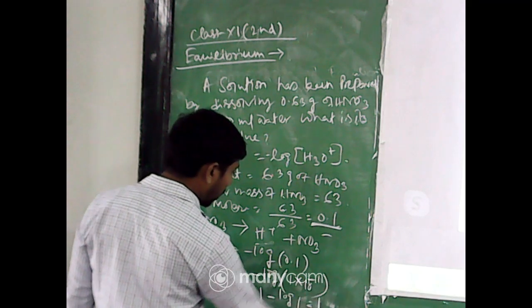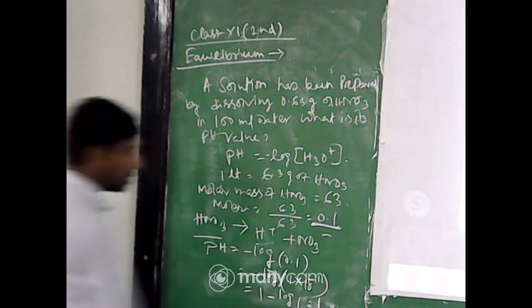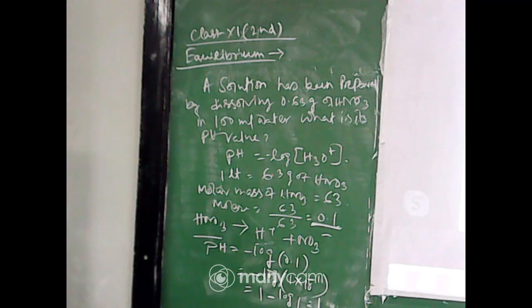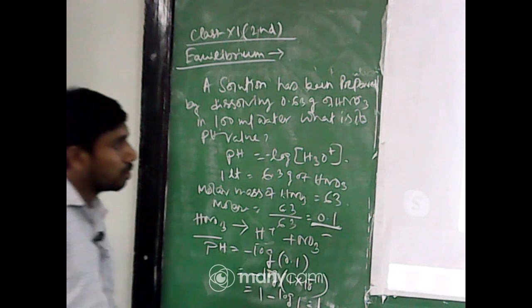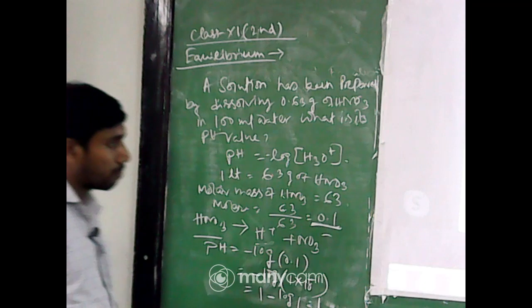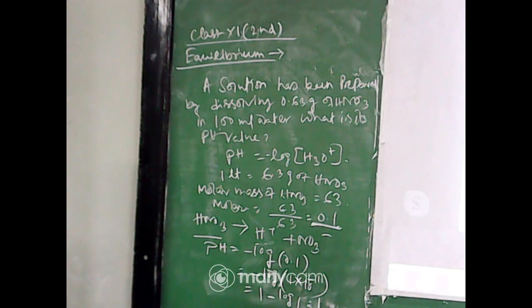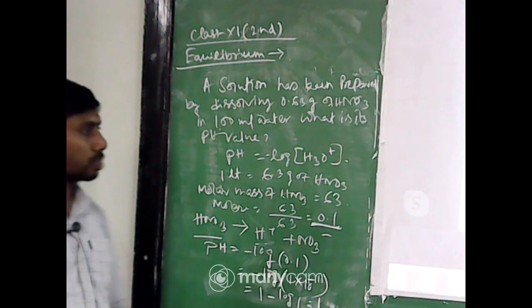Log 1 has value 0, so the pH is equal to 1. Understood?